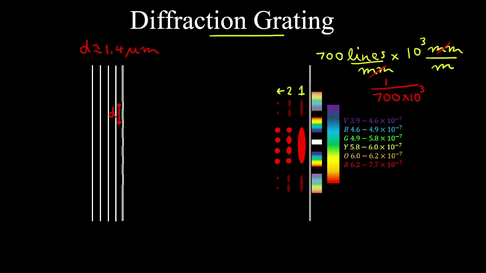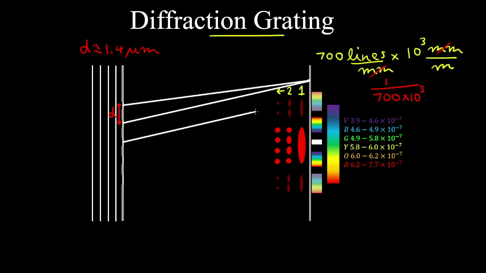So for example, if we consider some point on the screen and draw a ray from each slit to the screen, remember that the light wave is going to be broken up into several waves that propagate from each opening, and they're going to diffract and interfere at the screen.